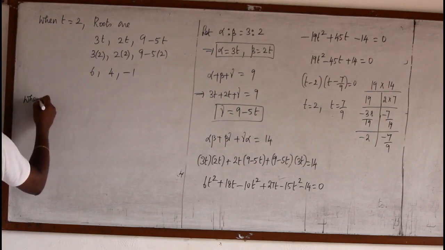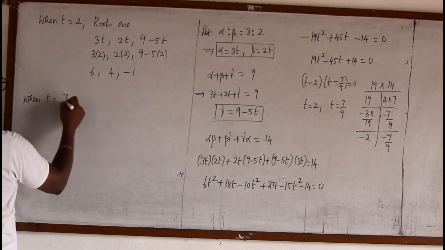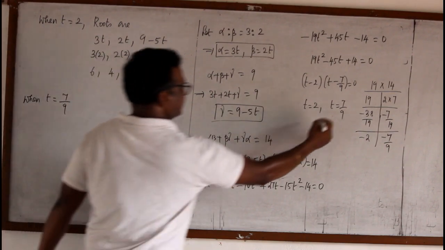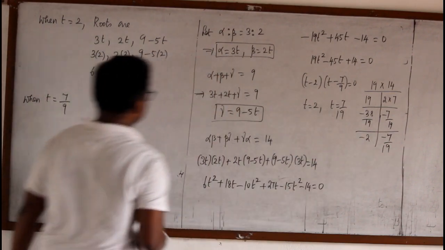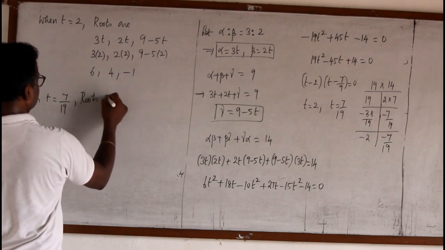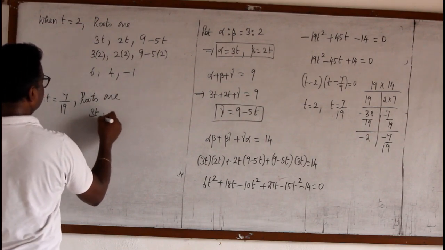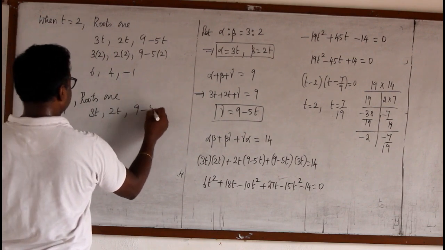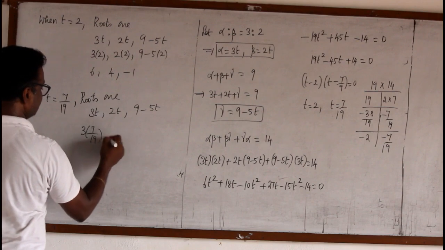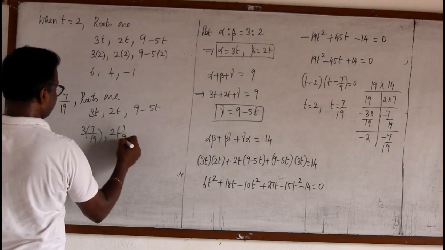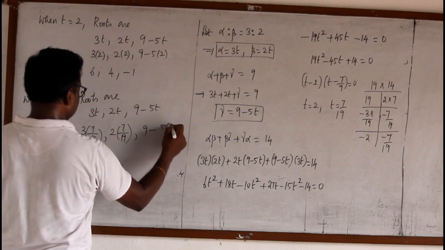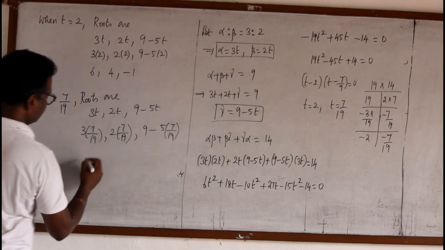Similarly, when t equal to 7 by 19, the roots are 3t, 2t, 9 minus 5t: 3 into 7 by 19, 2 into 7 by 19, 9 minus 5 into 7 by 19.